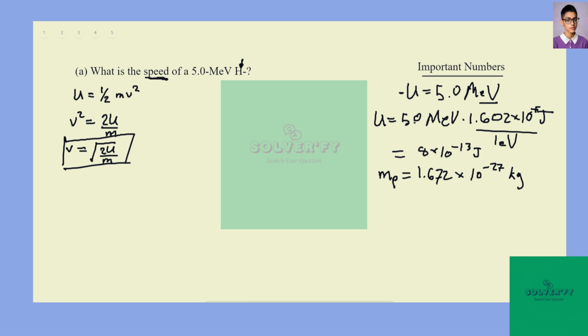All right, so to finalize this, we're going to need to plug these numbers into our formula. So we have that v is equal to the square root of 2U, and U is 8 times 10 to the minus 13 joules. And then we're going to divide this by the mass, and our mass is 1.672 times 10 to the minus 27.